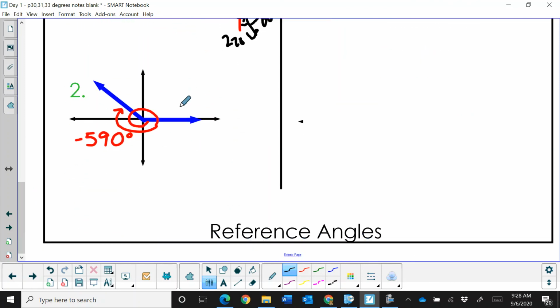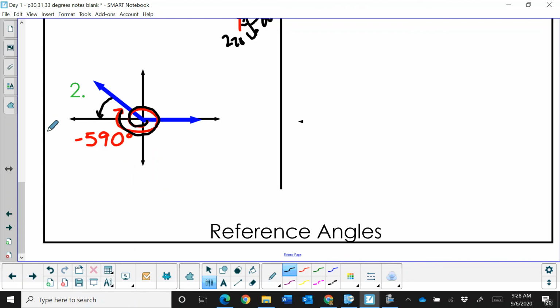Okay, so let's look at this one. This one's at negative 590. So we're going clockwise, and let's count it. 90, 180, 270, 360, 450, 540, 540 and a bit. This one's tricky because I've got to figure out how far past this x-axis we are.